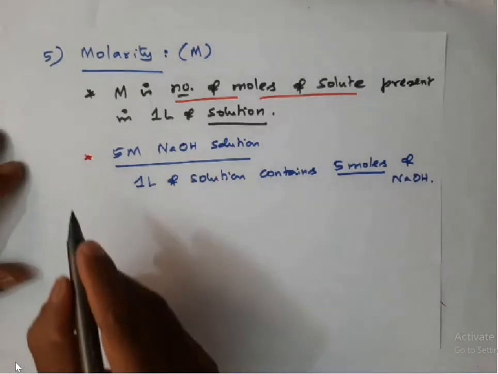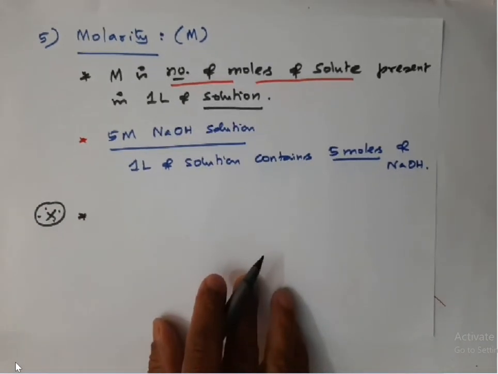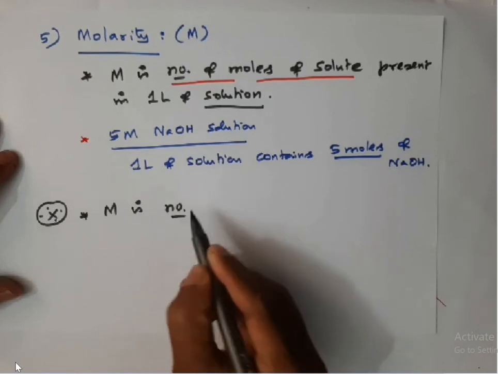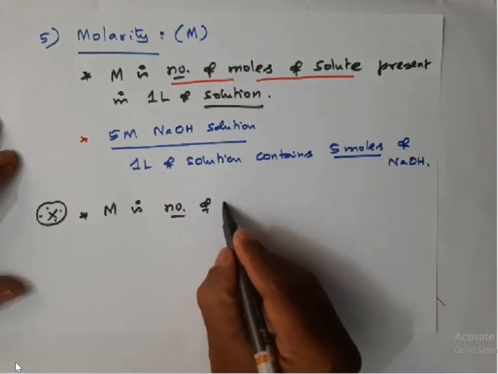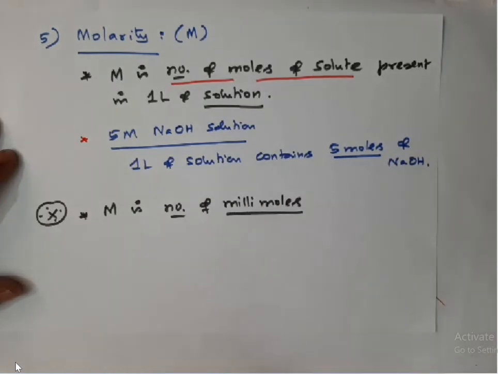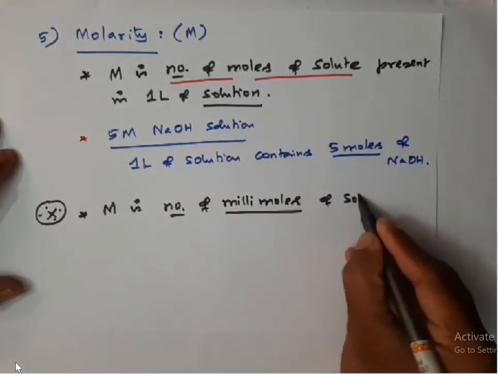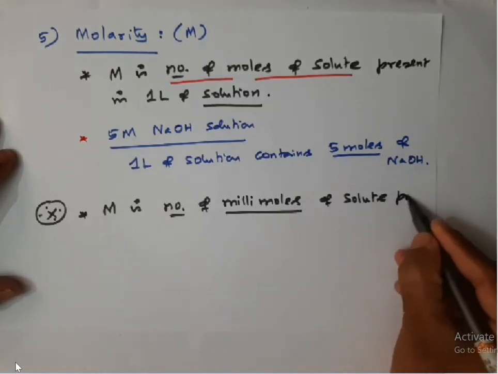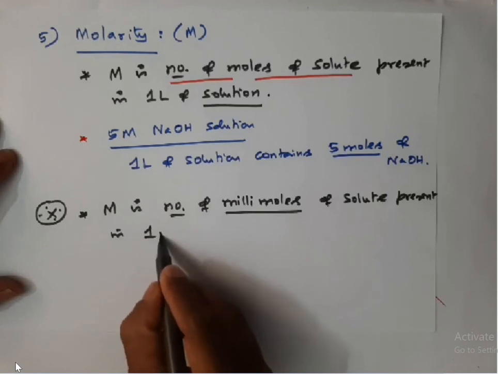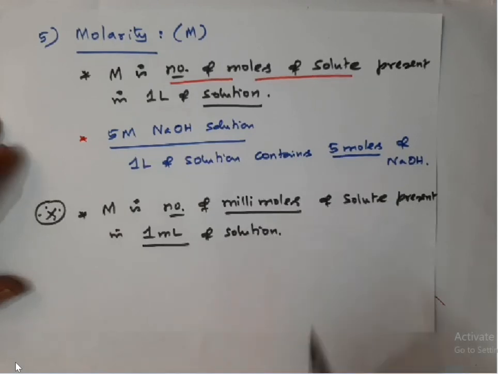You can also define molarity in this way. Molarity is number of, instead of mole, I will take millimole. Molarity is number of millimoles of solute present in 1 ml of solution. You can define like this also.